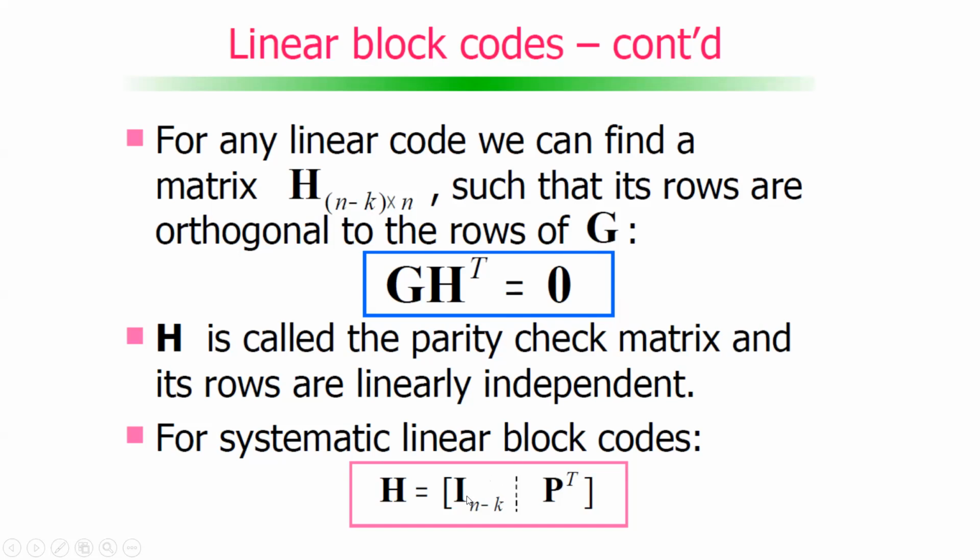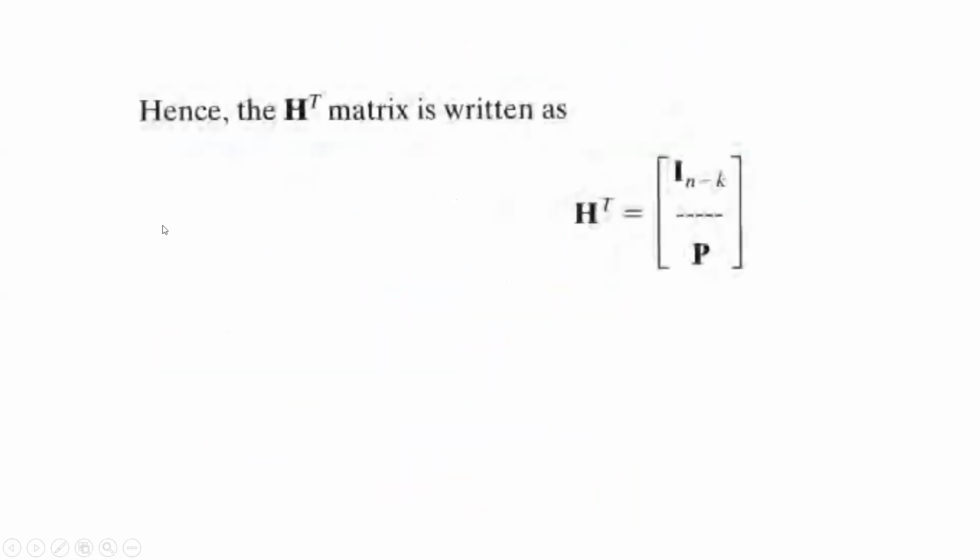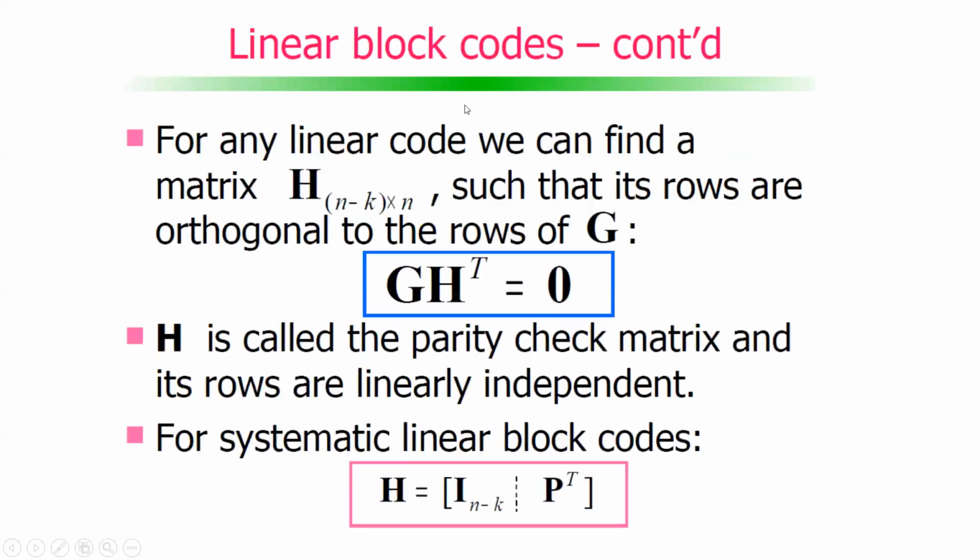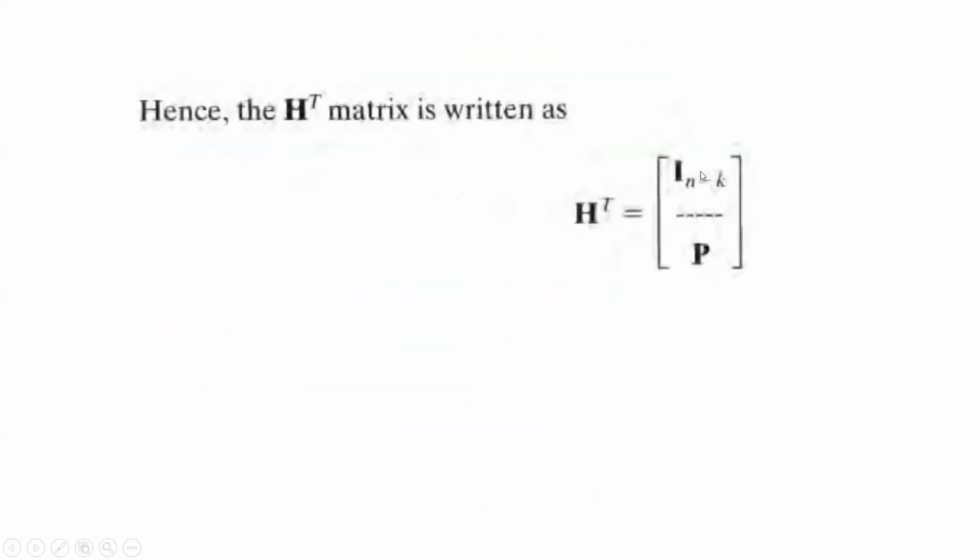You can use this formula: write an identity matrix with n minus k dimensions, and take the parity matrix from G and transpose it. So H will be the identity matrix I n minus k followed by P transpose, and H transpose will be I n minus k over P.